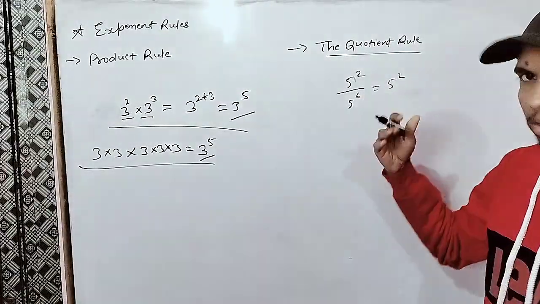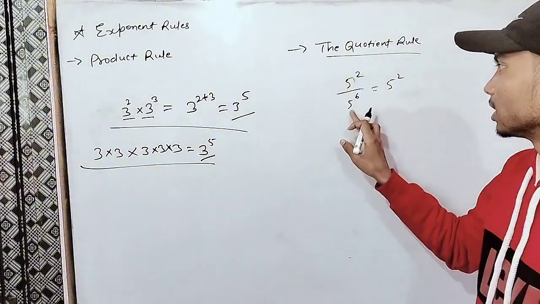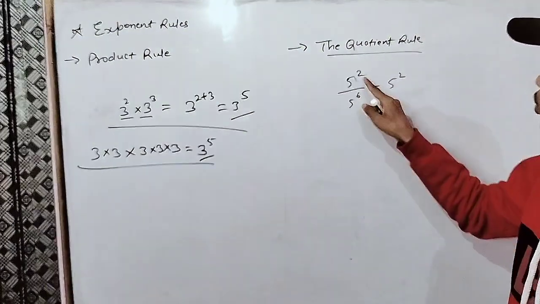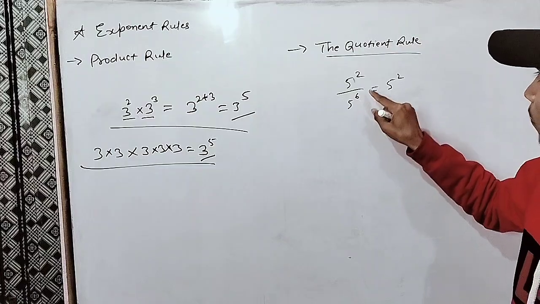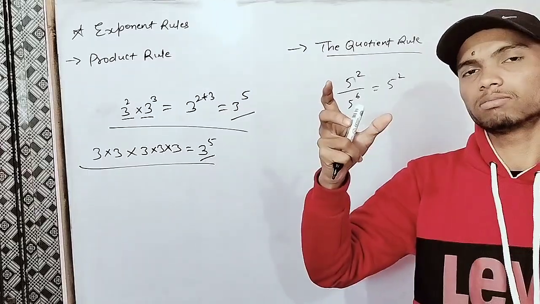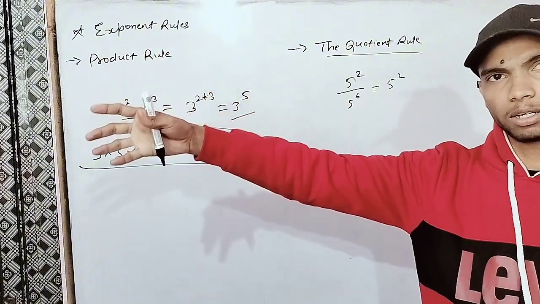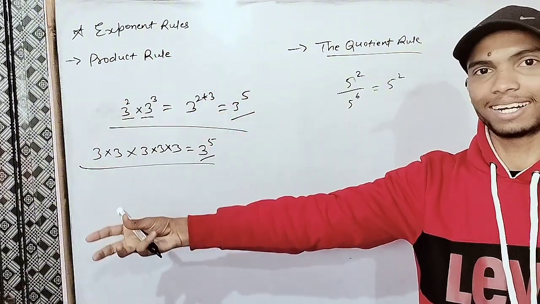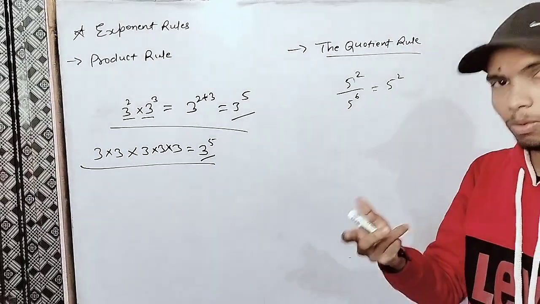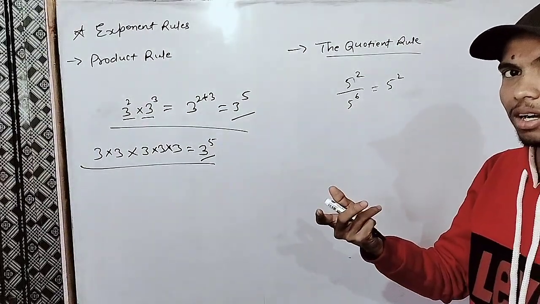Now this is the numerator, this is a denominator, and this is a numerator. So in the case of a division, we see subtraction, and in the case of multiplication, we see addition. Similarly, in the case of division, it will be the opposite of addition.